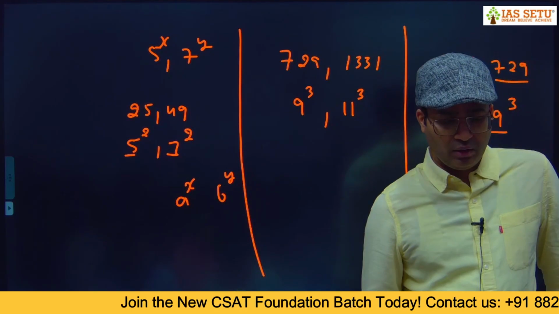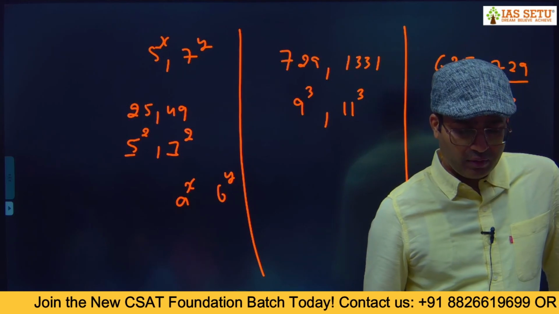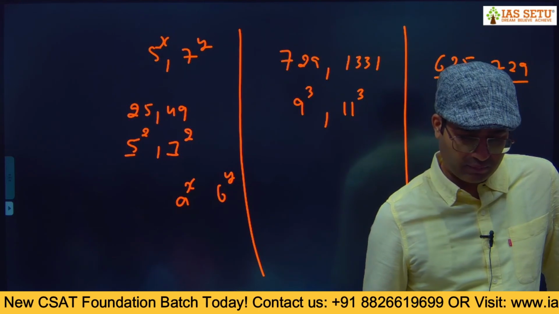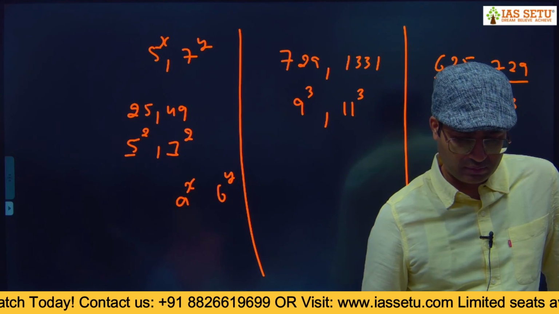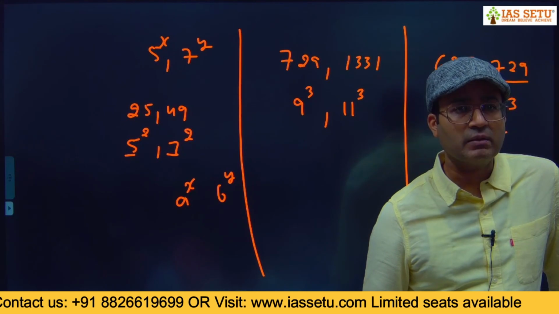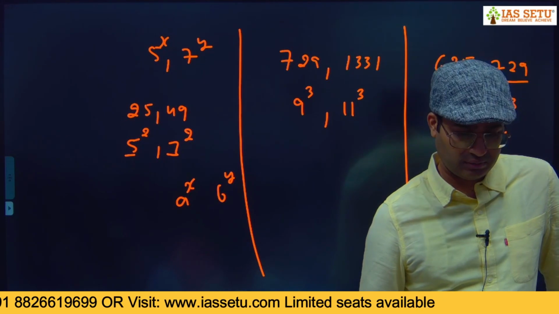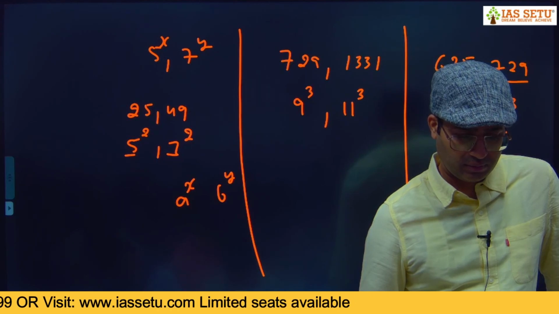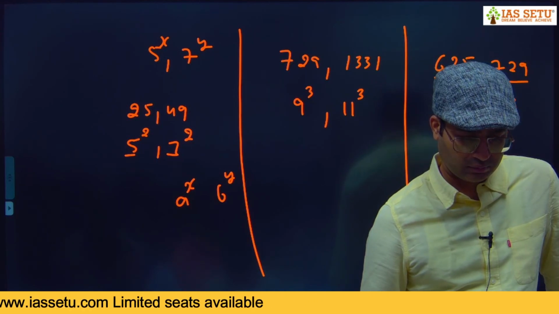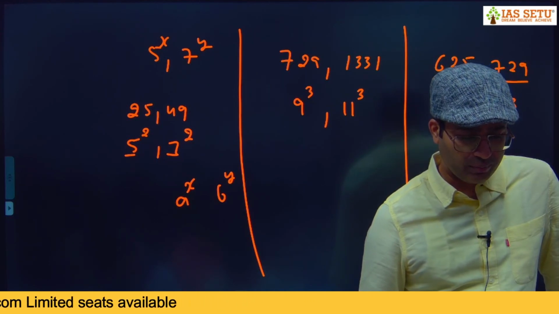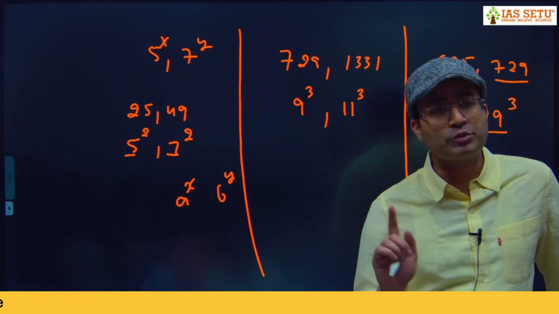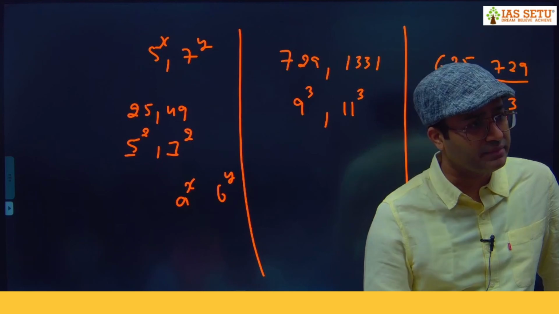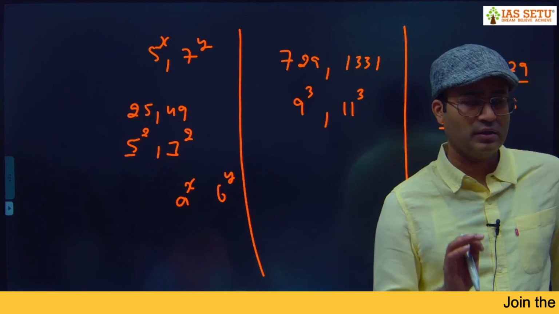In bracket you can write x and y can be any natural number. Bracket close. So x and y here can be any value, but it has to be a natural number. x and y can be same, can be different, it doesn't matter.